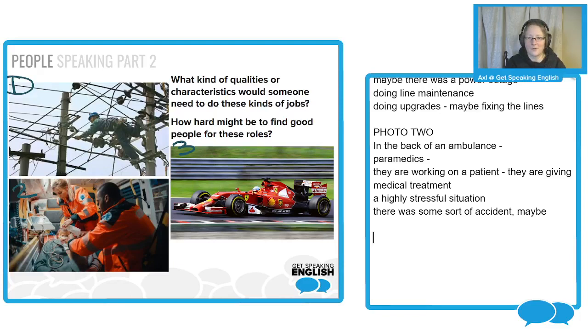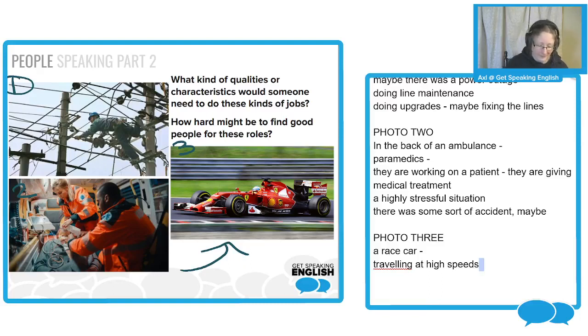And then for the third photo, we can see a race car. It looks like it is traveling at high speeds. Where they have a race, we might call that a motorway, or a racetrack.